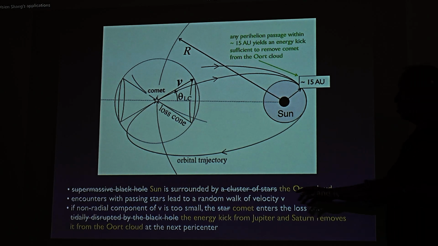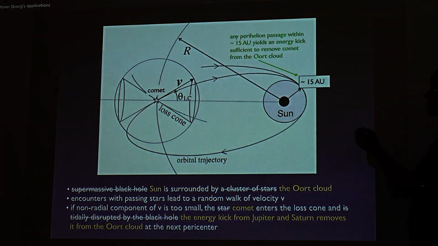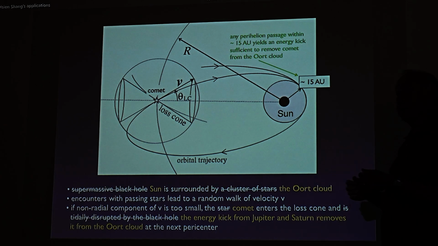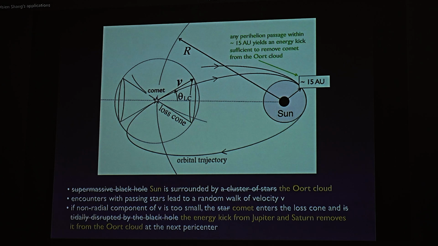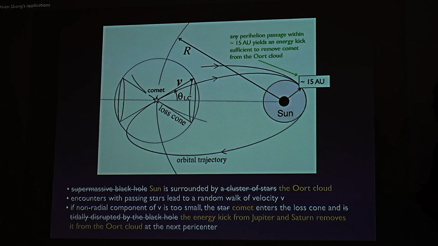If the radial component of the velocity is too small, there's a loss cone arising because the comets come close enough to the planetary system that they get an energy kick from Jupiter or Saturn or one of the giant planets that's sufficient to remove them from the Oort cloud, either onto an escape orbit or onto a much more tightly bound orbit that is much smaller than the Oort cloud. So there's a loss cone that's exactly analogous to the loss cone that you see in galactic nuclei.